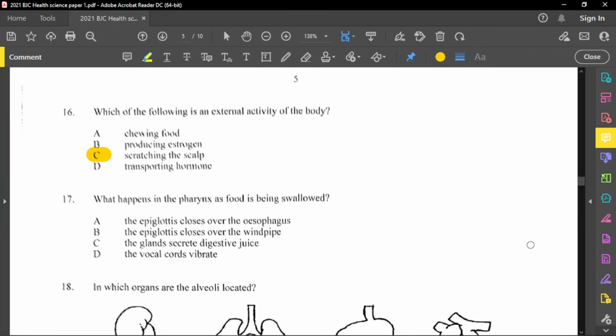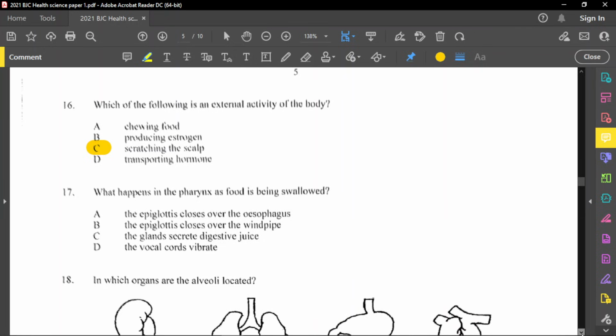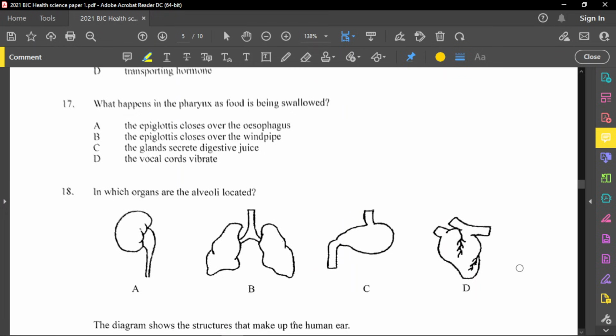But number 17 is what happens in the pharynx as food is being swallowed. In the pharynx, we're talking about the throat. It said the epiglottis closes over the esophagus. If you think about it, if you're swallowing food, the esophagus cannot be covered because food must pass through the esophagus.